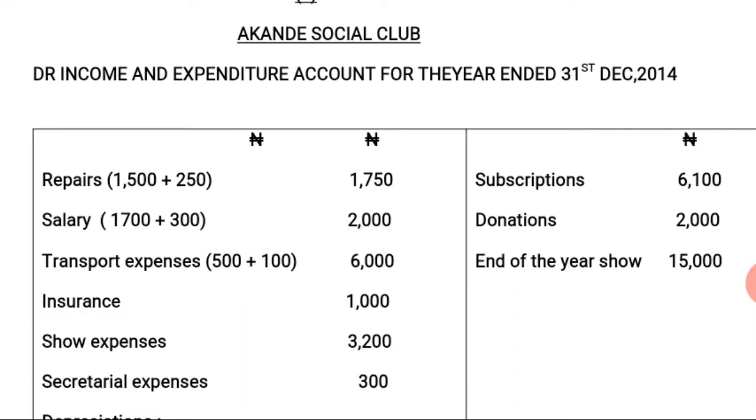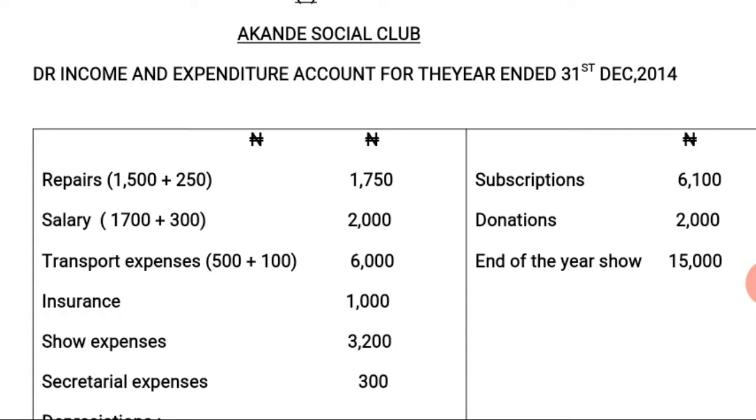So from the subscription account we have 6,100 naira. Since the subscription account was debited, the income and expenditure account will be credited with the subscription value for 2014, which stood at 6,100 naira.